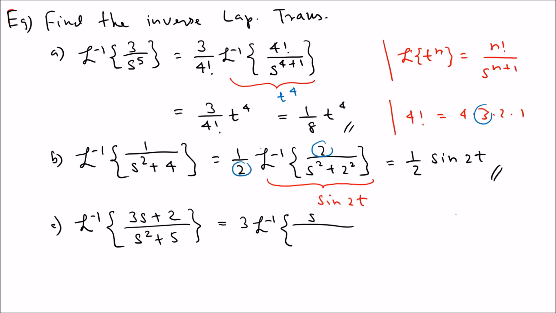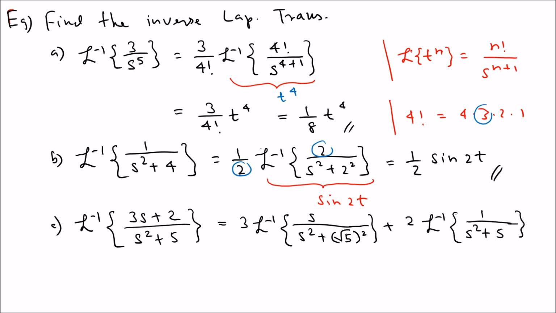of s over s squared plus, you can see this one as square root 5 squared. You can write it like that. Plus, and here we can again pull 2 out, and then it's L inverse of 1 over s squared plus 5.